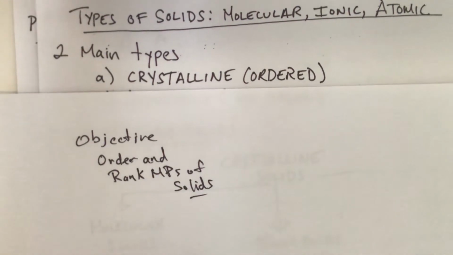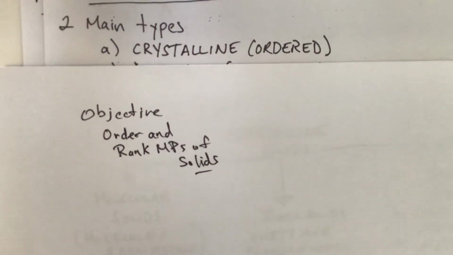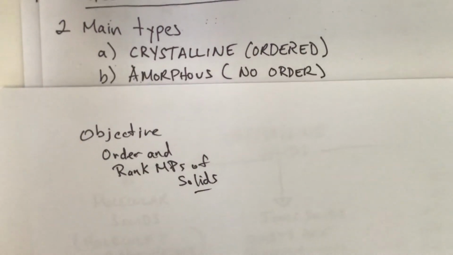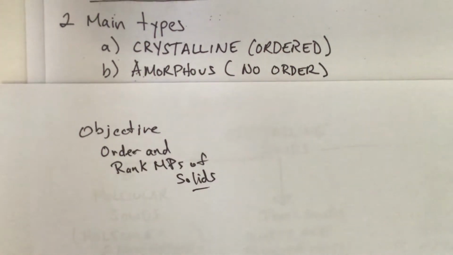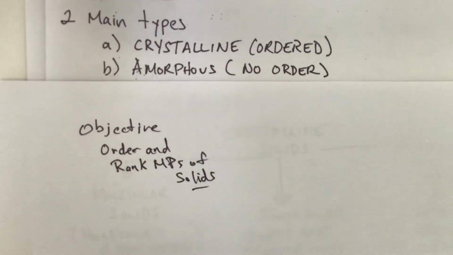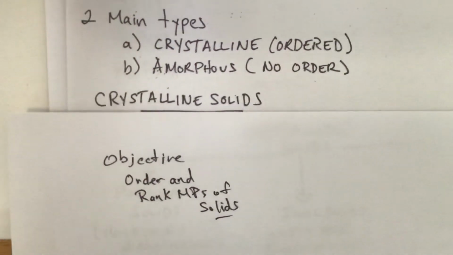The other type means no shape or no form, and by definition is disordered: amorphous solids. An example might be sugar. The sugar crystal is not as well ordered as, say, the salt crystal is. We're going to mostly look at the crystalline ones today.